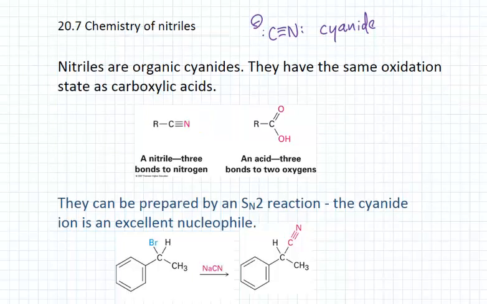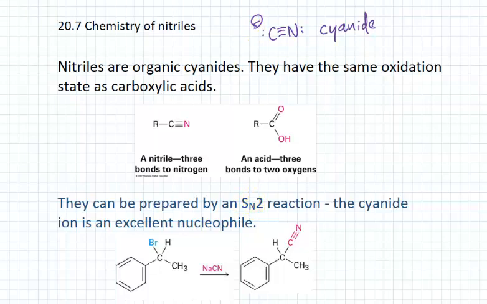So let's look at 2 ways that we can fairly simply produce a nitrile. The first way is going to take advantage of the fact that the cyanide ion is an excellent nucleophile. This minus charge right there is very effective at attacking electrophilic atoms, so we can do an SN2 reaction.